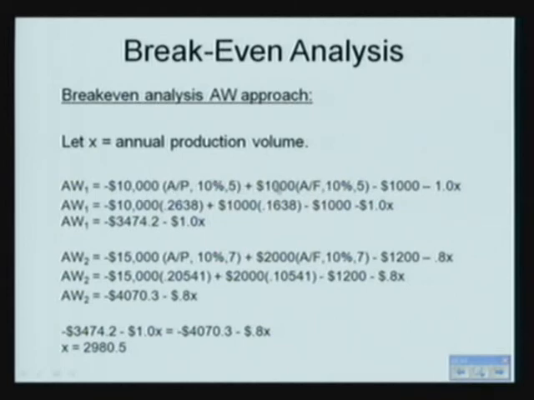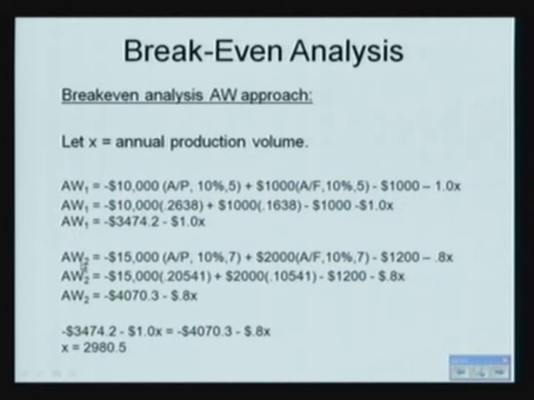And then I have a salvage value of $1,000. That's in the future, and I'll have to spread that back across 5 years. And each year I have a $1,000 maintenance cost, and then I'm going to have a production cost of $1 per unit produced. So I can take that, and it reduces down to this function here.